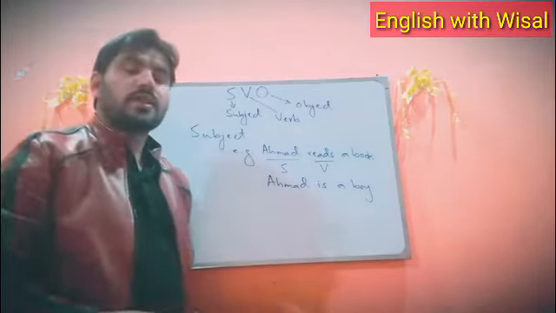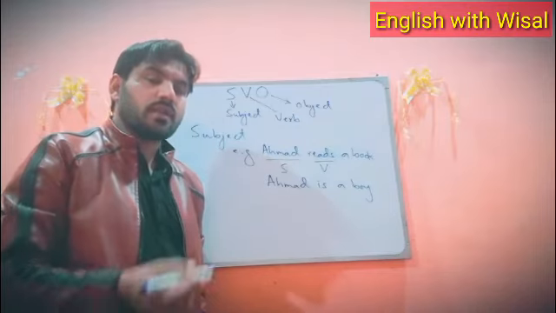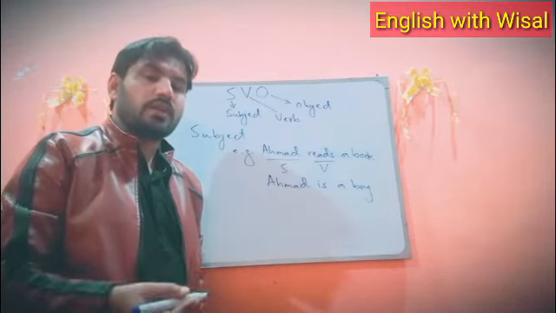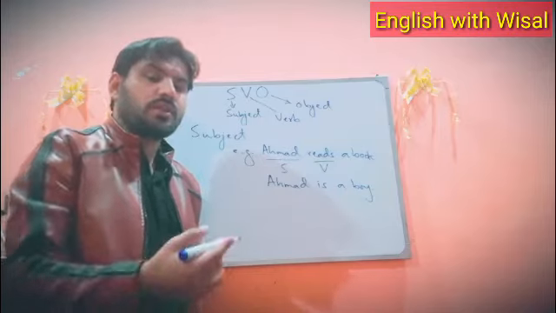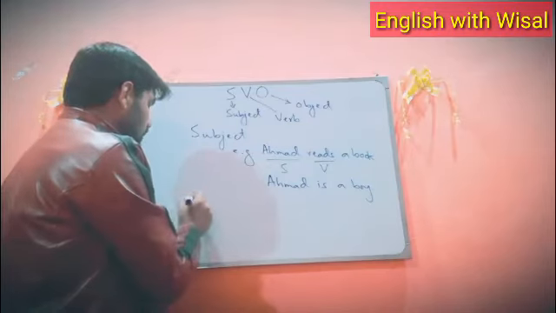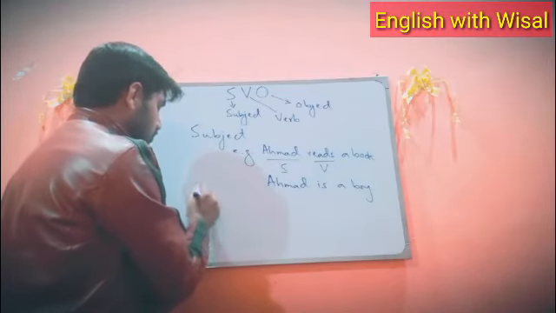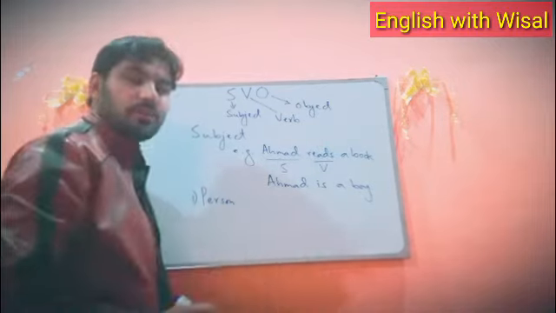Subject can be a person, a place, a thing, an idea, various things can be there. Let's see, for example, one by one. The first one is that subject can be a person. So this is the example of person.